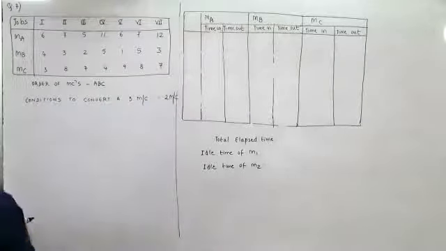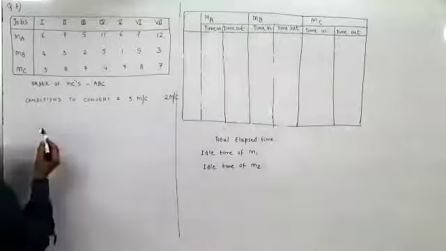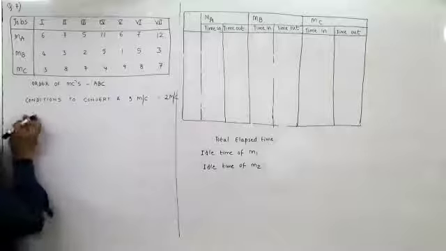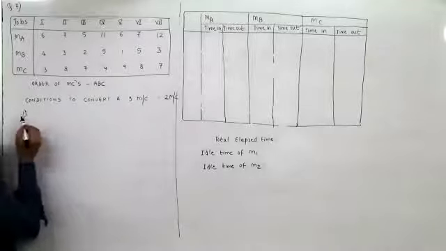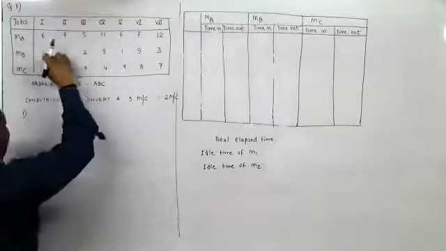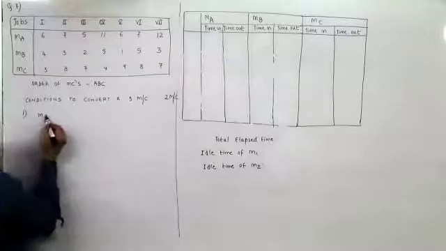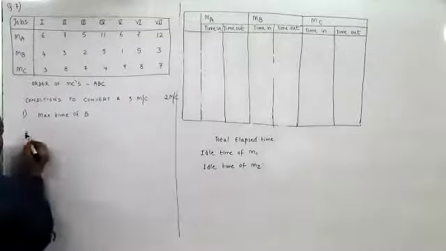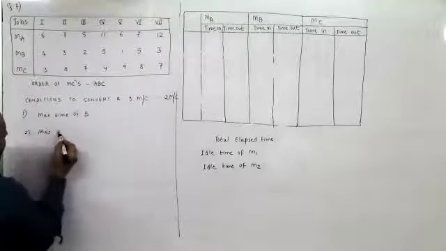Now, how do you convert a 3-machine problem to a 2-machine problem? We'll say M4 equal to, but before that, the conditions are, first one, we'll find the maximum of B and we'll compare it with the minimum of A and C.